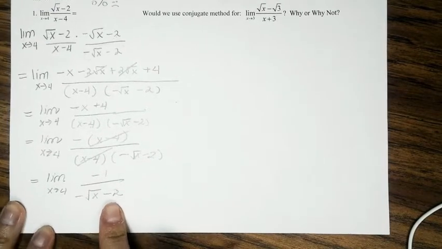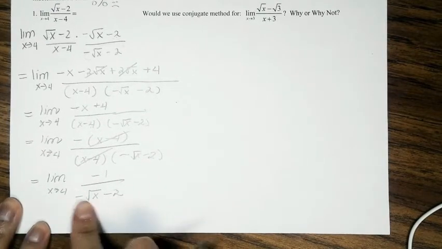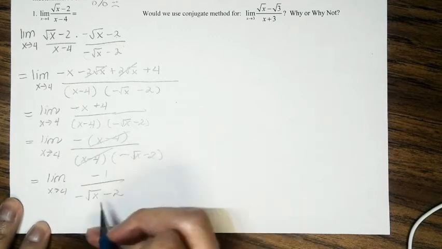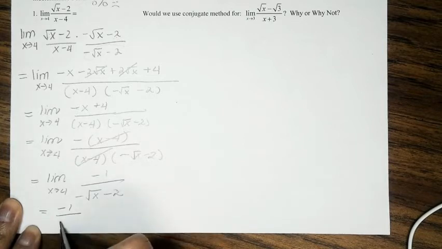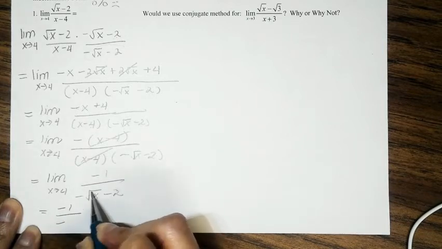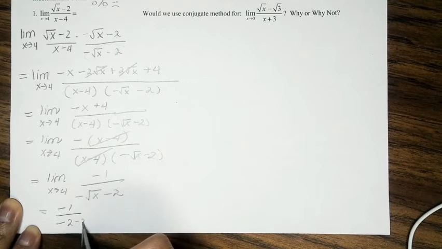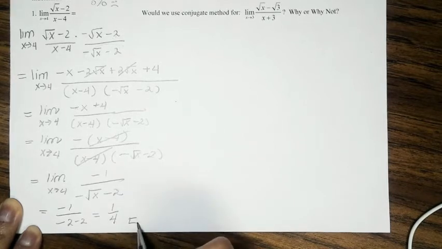After that you can tell me, oh, so now can we plug it in? You tell me yes. So you have that this is going to be equal to negative 1 divided by negative root 4, which is 2, minus 2, which is going to be equal to negative 1 over negative 4, which you know that it's 1/4, and that's it.